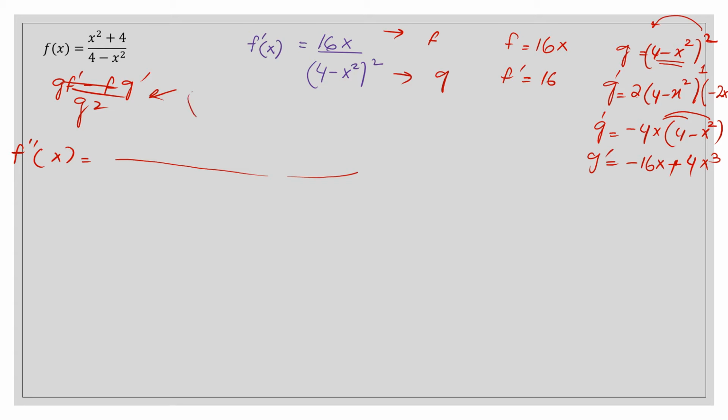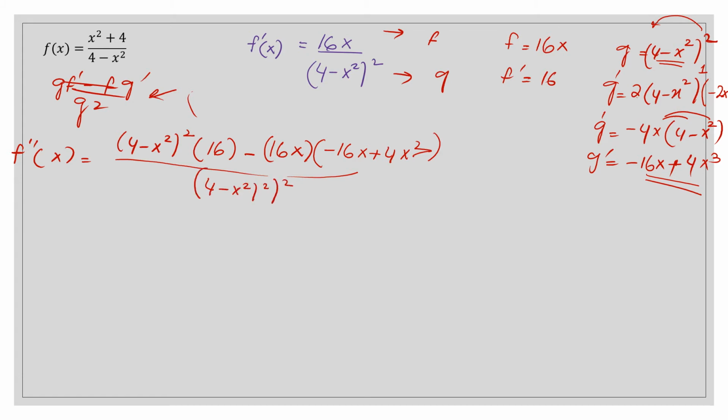Okay, so your g is 4 minus x squared whole squared, and f prime is 16, minus f, which is 16x, and g prime, just write the simplified form, which is negative 16x plus 4x cubed. Over g squared, so write 4 minus x squared whole squared to the power 2.